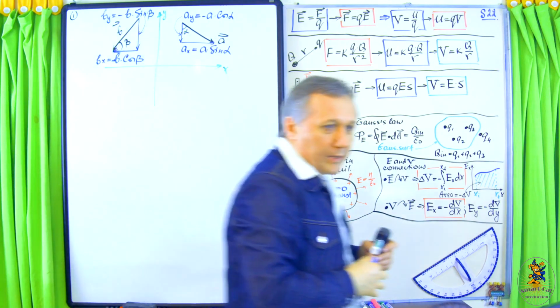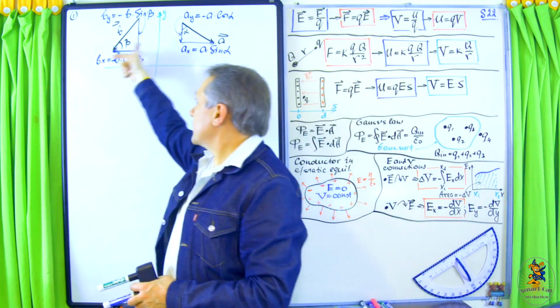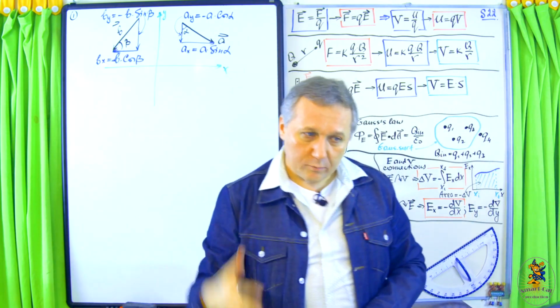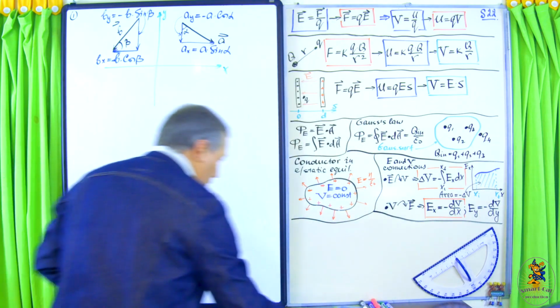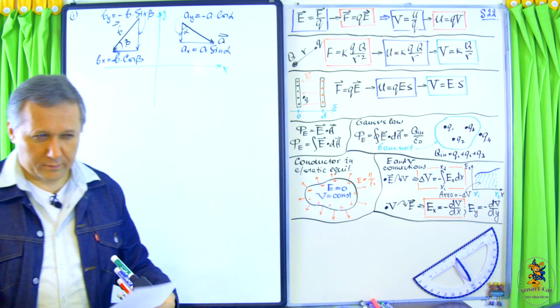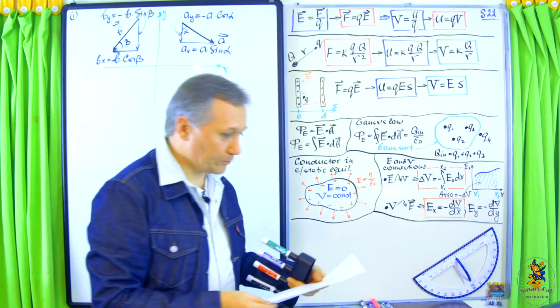I just wanted to remind you that if a component is in the negative x or y direction, we have to put the minus manually. Don't forget that. Usually after our first two recitation classes, students remember that.